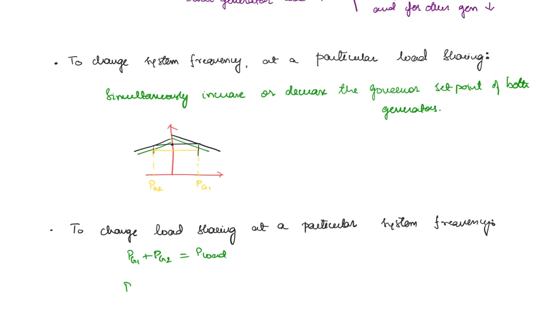Now you want new values PG1 dash and PG2 dash. Let us say this PG1 dash is greater than PG1. That means generator 1 needs to share more load, then the load that is shared by generator 2 will automatically reduce. So what will happen? Whichever generator you want to increase the load sharing, for that generator you will increase the governor set point while decreasing the governor set point for the other generator.